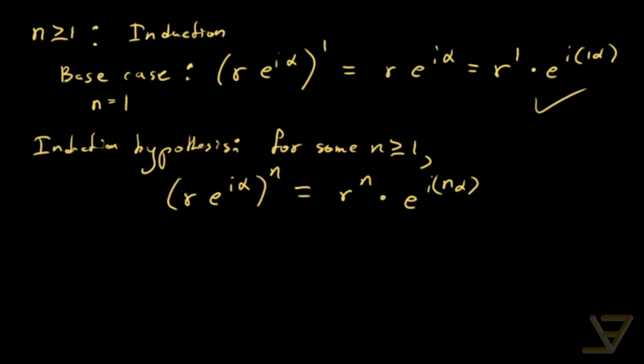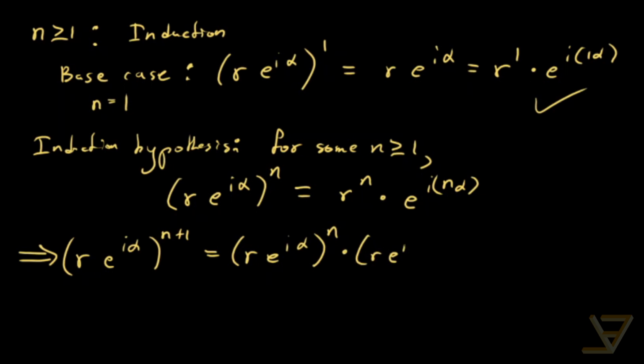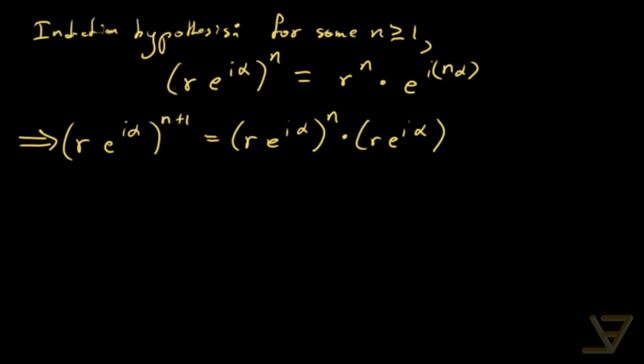And what we're going to do is work on (r e to the i alpha) to the n plus 1, and that's equal to (r e to the i alpha) to the n times r e to the i alpha. So we've split up the n plus 1.